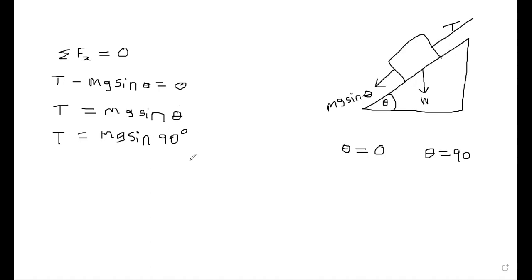But now wait, sine 90 degrees is equal to 1. So what does that mean? This means that T is equal to mg. So that would be the end of it.